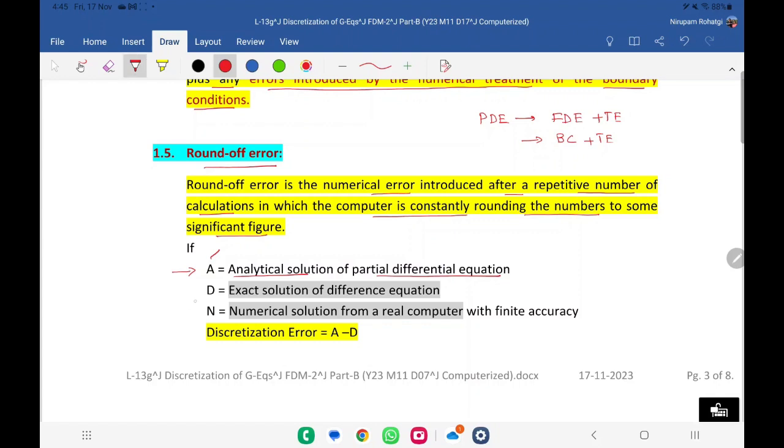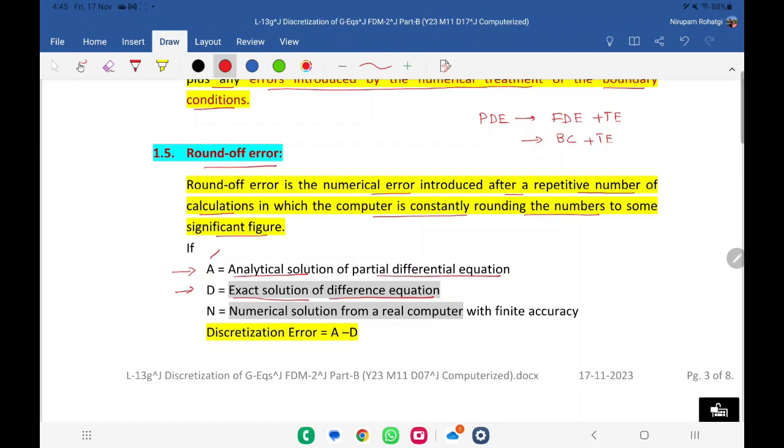The second is you have made the partial differential equation into a difference equation. You have discretized them, and you can find the solution to them. That solution is an exact solution. So all these algebraic equations you are writing, they have exact solutions.